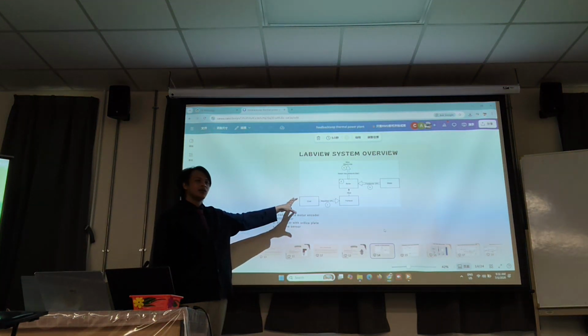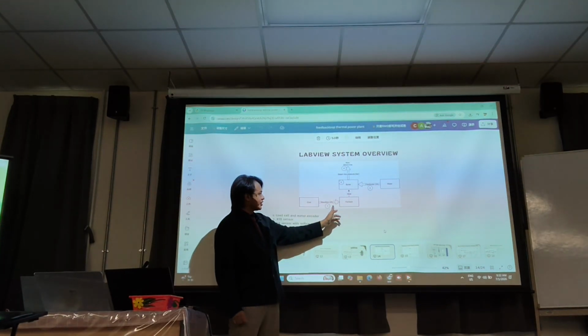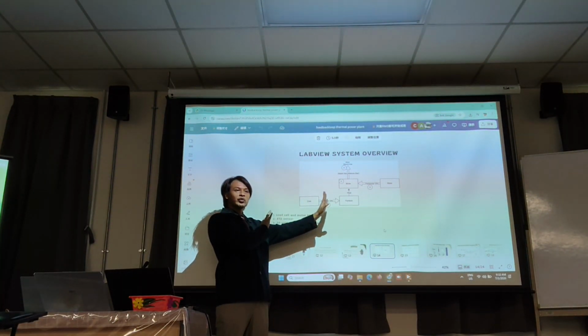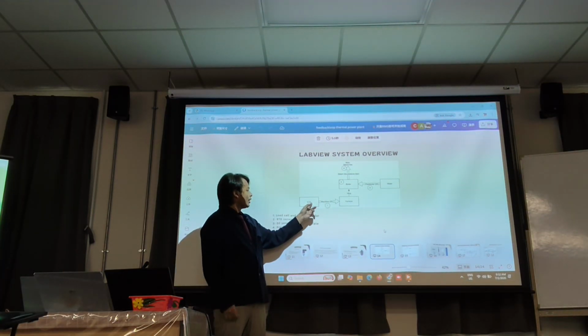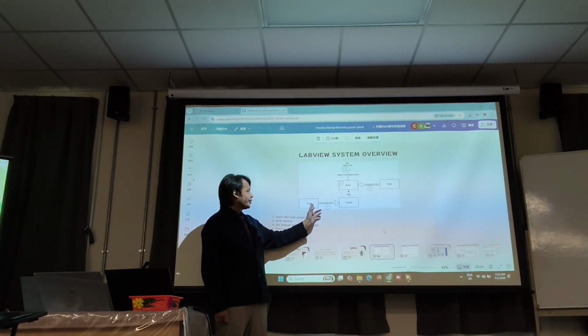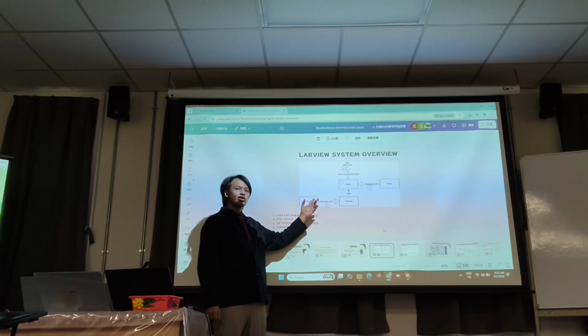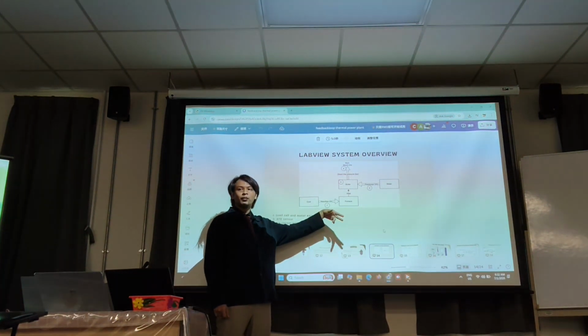The coal will be injected into, actually there's one more step here, but we just keep it simple for everyone to understand. There is a pulverizer in between here, but we skip that. We are just assuming that this coal is already pulverized and is pushed into the furnace for the combustion.